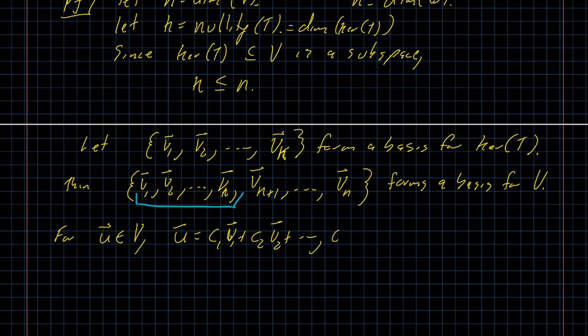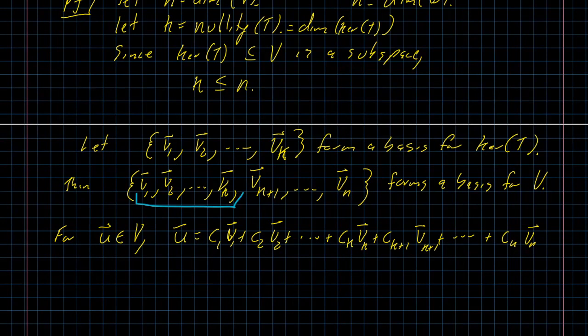We're going to have ck vk. We're going to have ck+1 vk+1. Let's try writing that again in a way that actually is legible. There we go. And eventually we get all the way down to cn vn. That's really quite a mouthful.